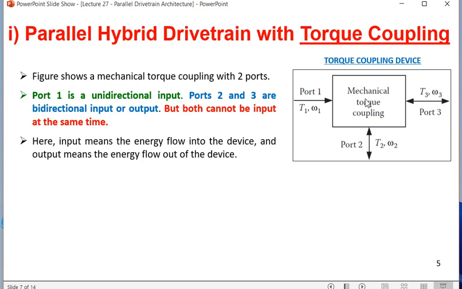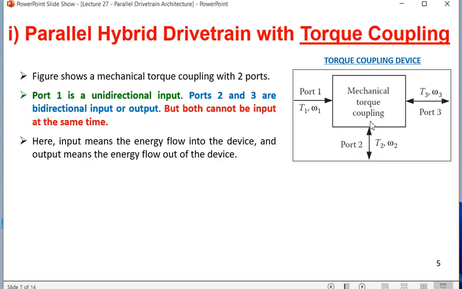Port 2 is nothing but the battery. Here the power is bidirectional, because in forward driving, the battery gives electrical power that is converted to mechanical power by the motor, and that motor output power is coupled to the mechanical torque coupling.